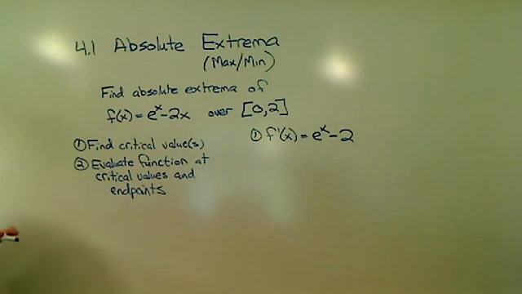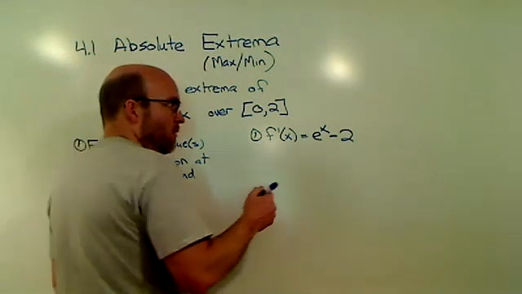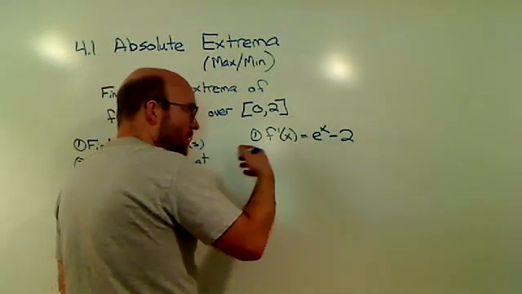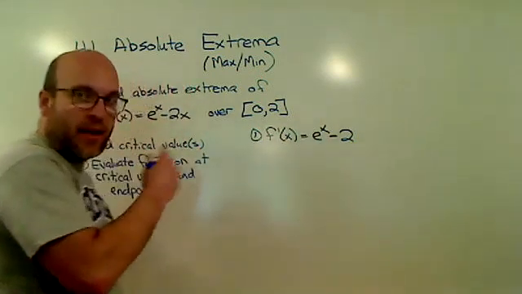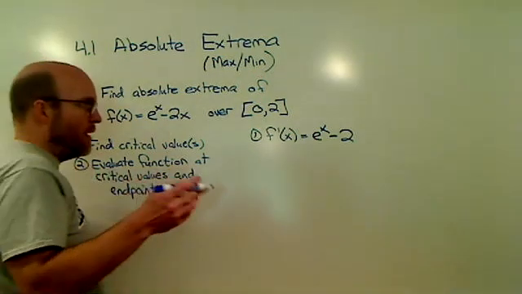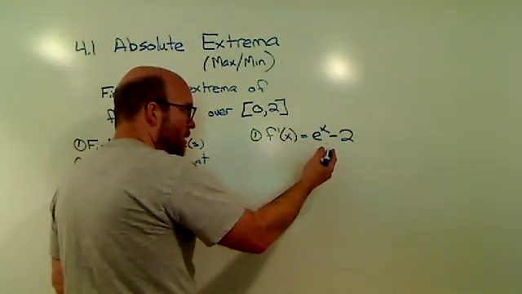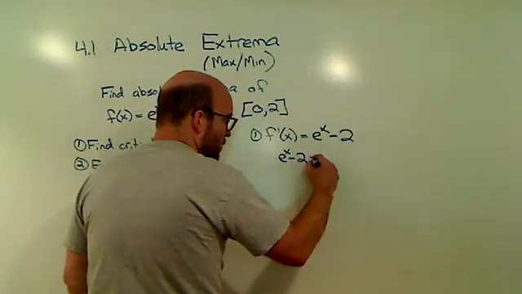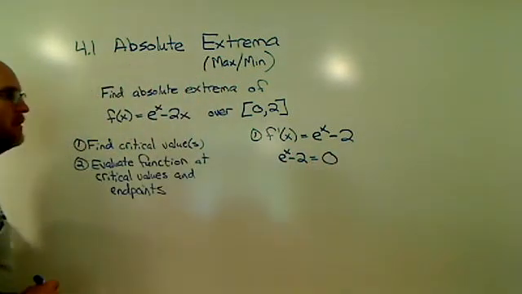Since it's a little less complicated, there's less to talk about here, but you can look at this and say that we don't have a fraction. E to the x is defined everywhere, so there is nowhere where this is undefined. You're not going to have a critical value coming from a part of your domain where the derivative is undefined this time, but we can certainly end up with 0 in this situation.